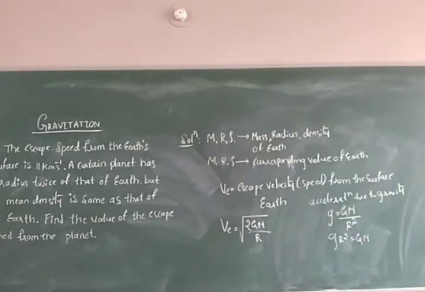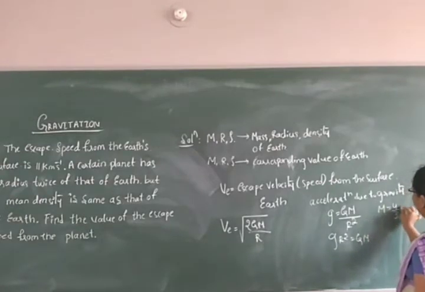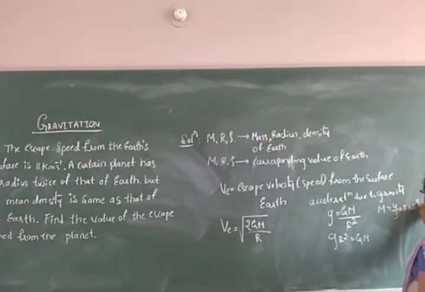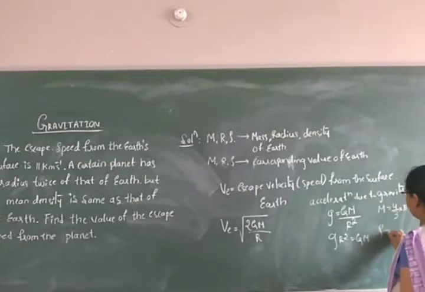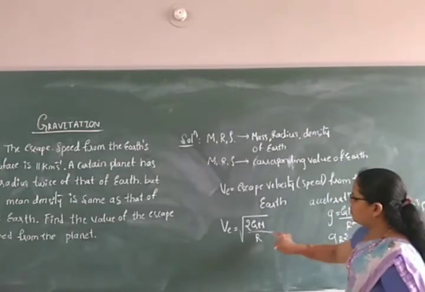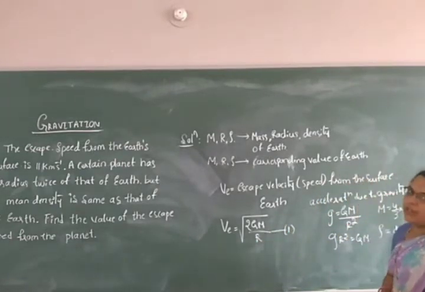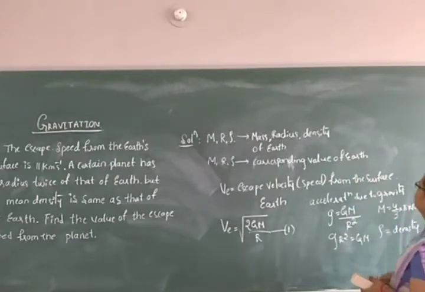As we know, mass is nothing but 4 by 3 pi R cube rho, where rho is the density, which is the same as that of the earth. So just put the value of M in the first equation, that is the escape speed from the surface of the earth.